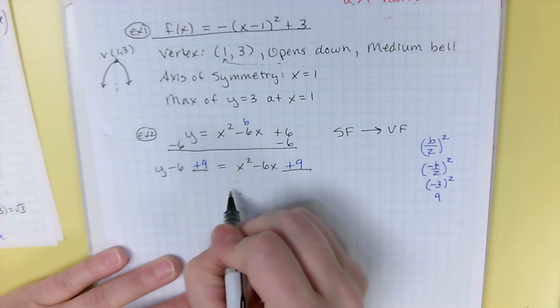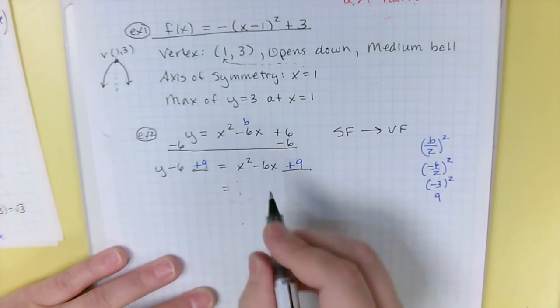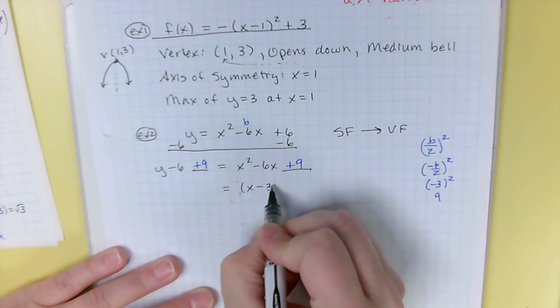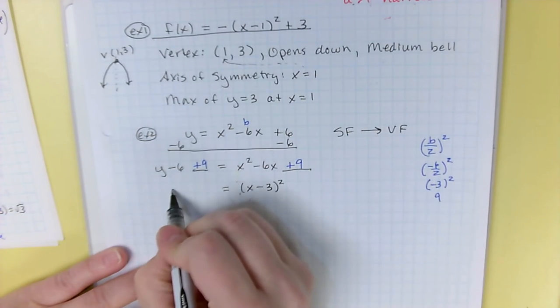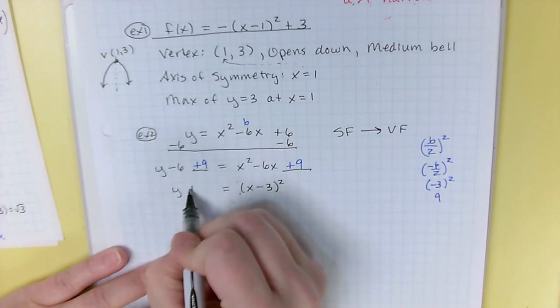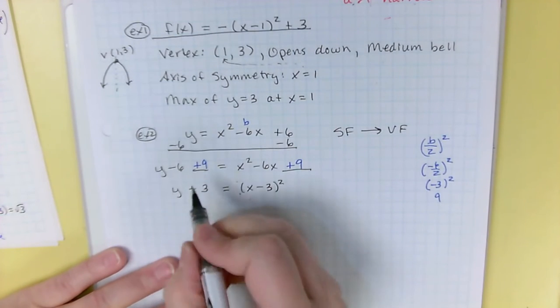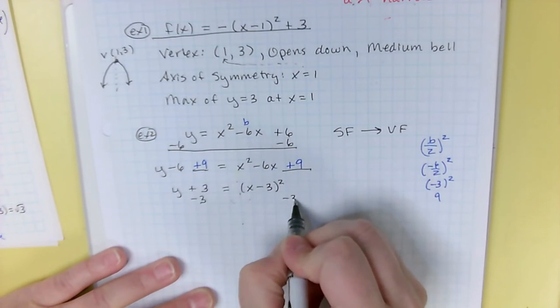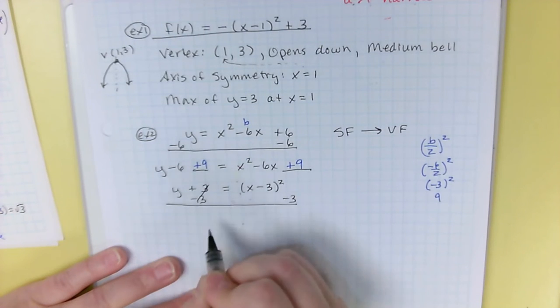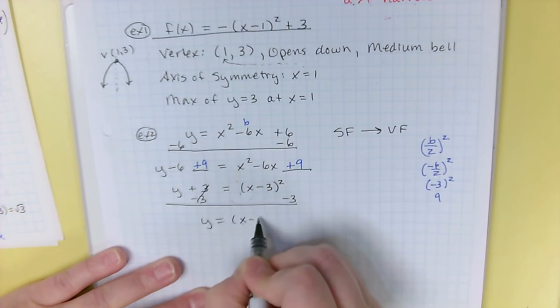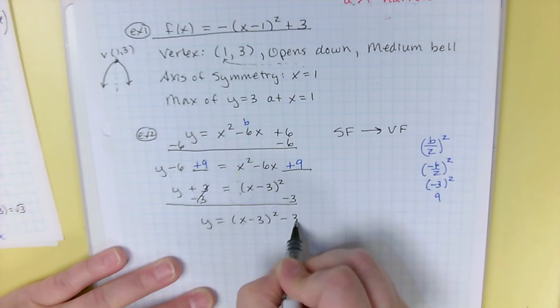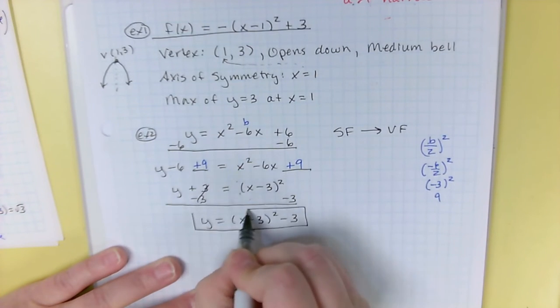So on the right-hand side, we can now factor this into a perfect square, (x minus 3) squared. On the left, 9 minus 6 is 3. So the last thing you need to do is subtract 3 over to the right, and you get y equals (x minus 3) squared minus 3.